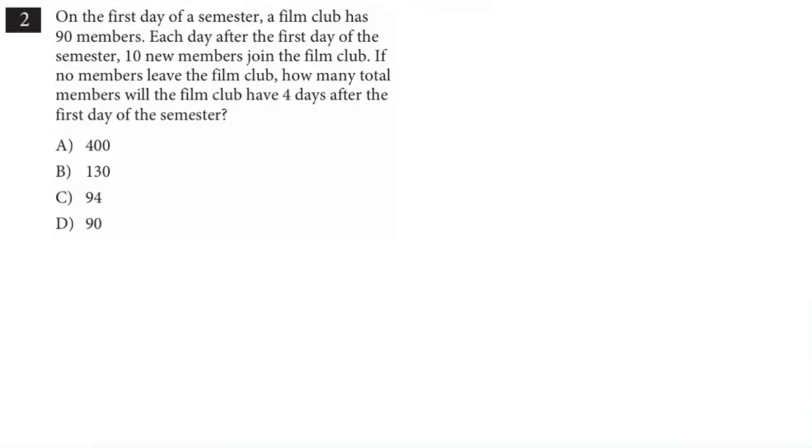Question 2. On the first day of a semester, a film club has 90 members. So let me just highlight 90 members. Each day after the first day of the semester, 10 new members join the film club. So 90 members initially, and then each day 10 new members join. So what does it look like?